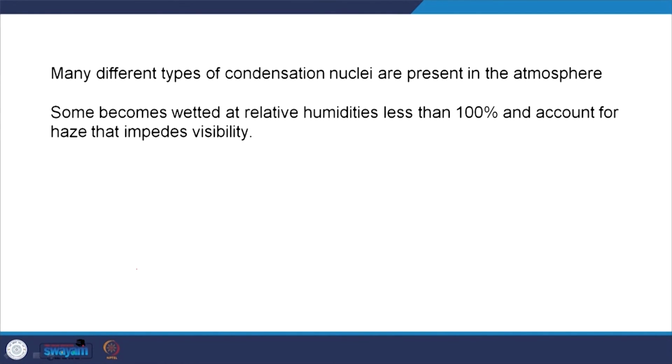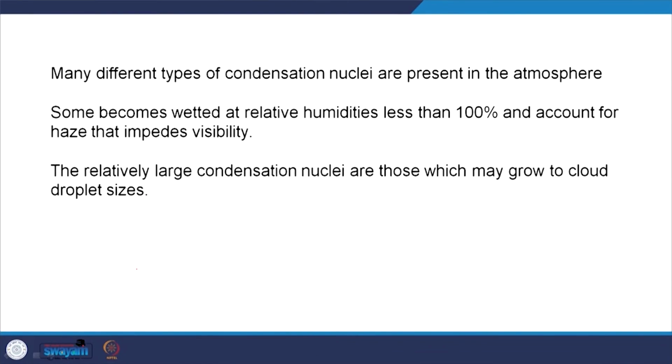Some become wetted at relative humidity less than 100% and account for haze that impedes visibility, right. So, below the dew point itself, many times during the winter, these particles absorb the water vapor and result in the formation of tiny droplets, which we generally call haze, which really impedes visibility, right.